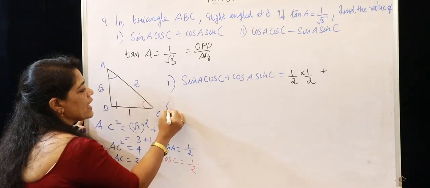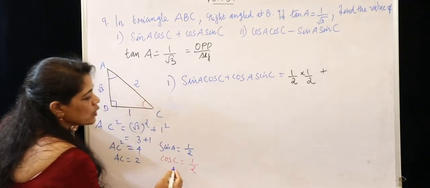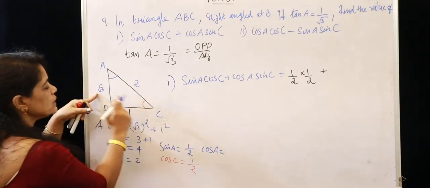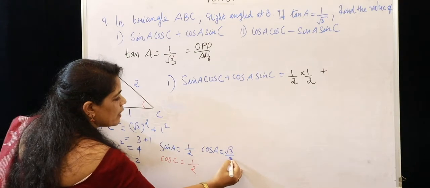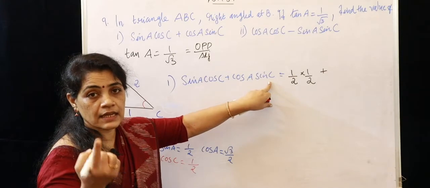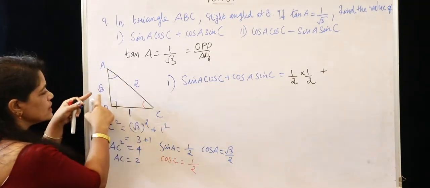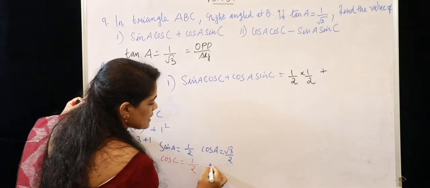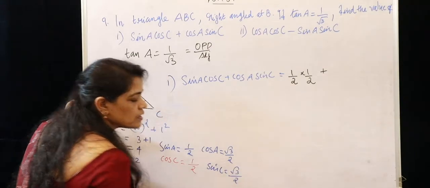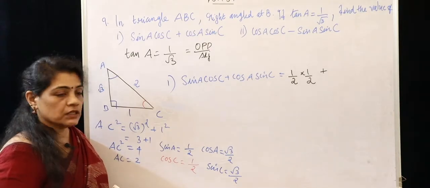So cos A is equal to root 3 divided by 2. And what is sin C? With angle C, the opposite side is root 3. So sin C is equal to root 3 by 2. Hypotenuse remains the same for both acute angles. That is root 3 by 2 into root 3 by 2.